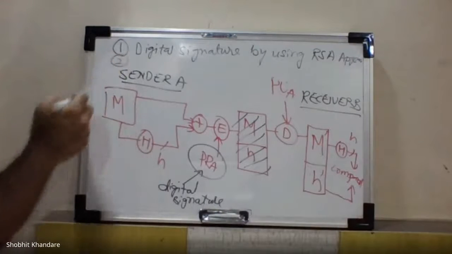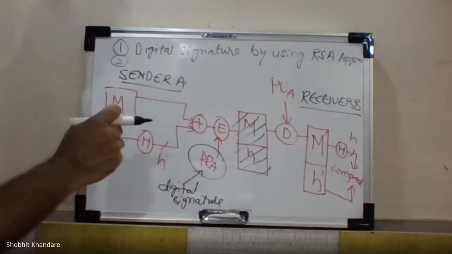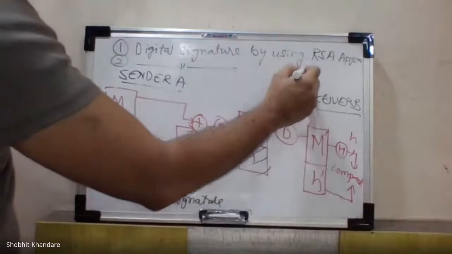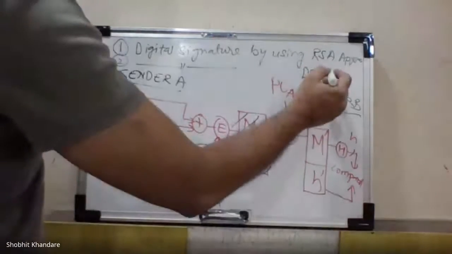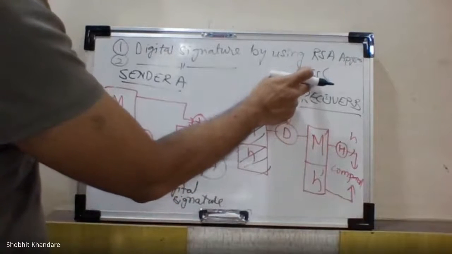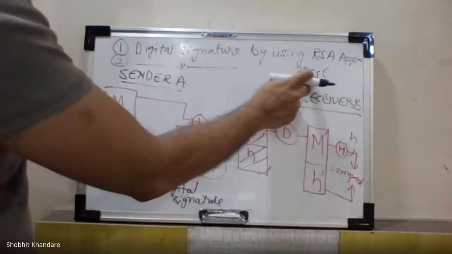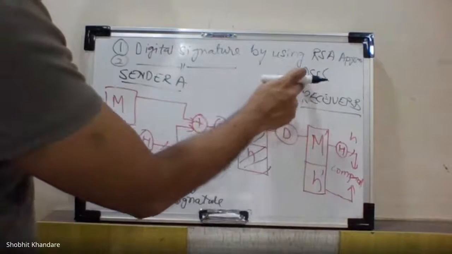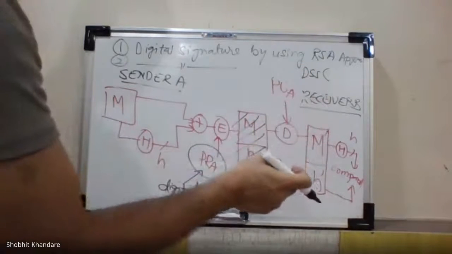And the second one, which is there in our syllabus, is digital signature by using the DSS approach. In brackets you can write digital signature standard.